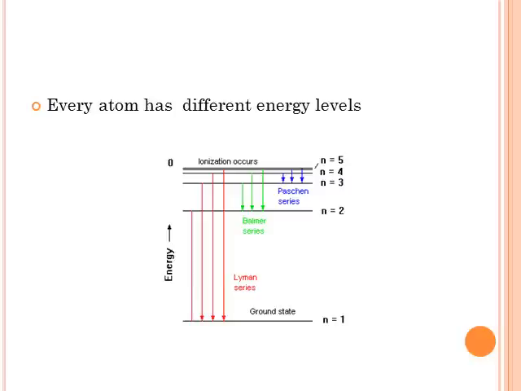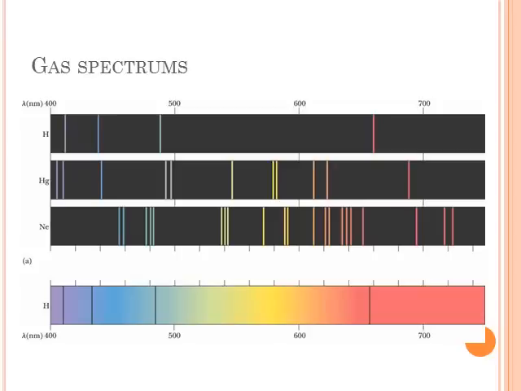So the other thing that you need to know is, as a result of this, because each type of element or each atom type has a different series or different amounts of energy levels, you can only get certain colors from different types of atoms. So for example, up here this top graph is a spectrum of hydrogen gas, okay?